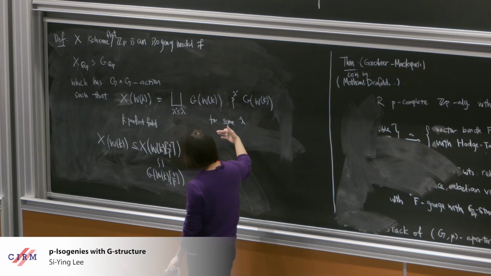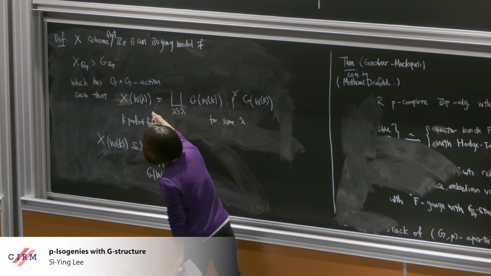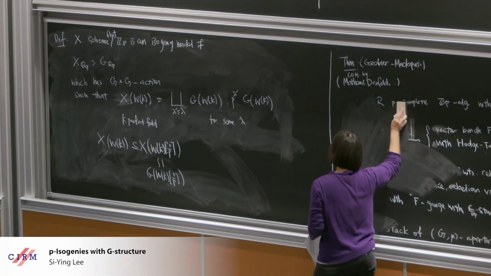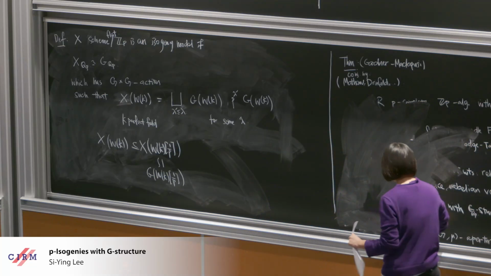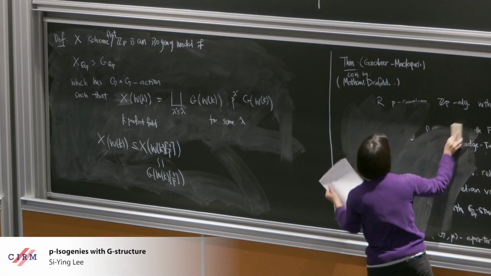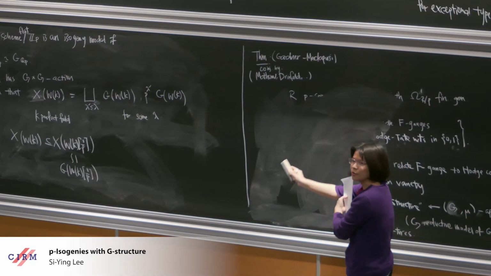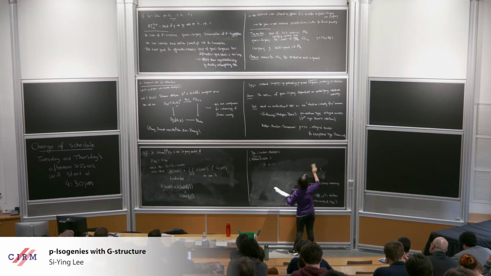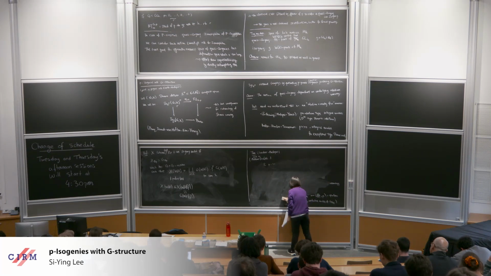I want that there are some lambdas such that this W(k) point gives me exactly the double coset decomposition for this particular lambda. But of course, for us there's a canonical choice of what this isogeny model should be.